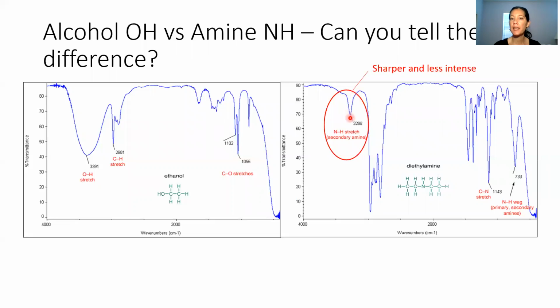It's not as intense and it's a sharper, less broad peak. There is some hydrogen bonding involved here, which is why we do get some of this broadening. But basically know the difference. OH is this big well, and sometimes it goes all the way down low as well. That's going to be key for you to identify an OH, which again could be an alcohol or a carboxylic acid.